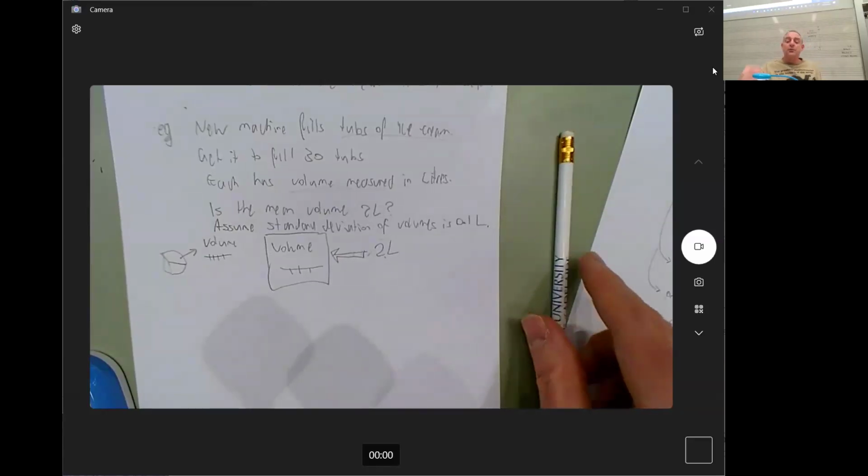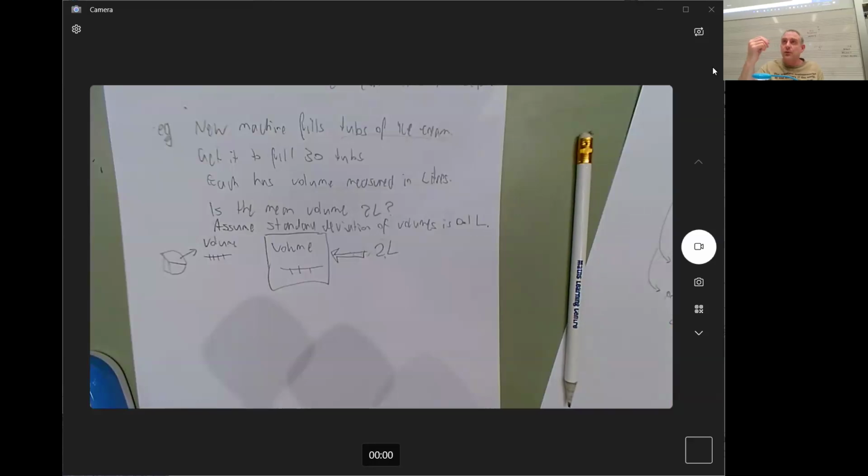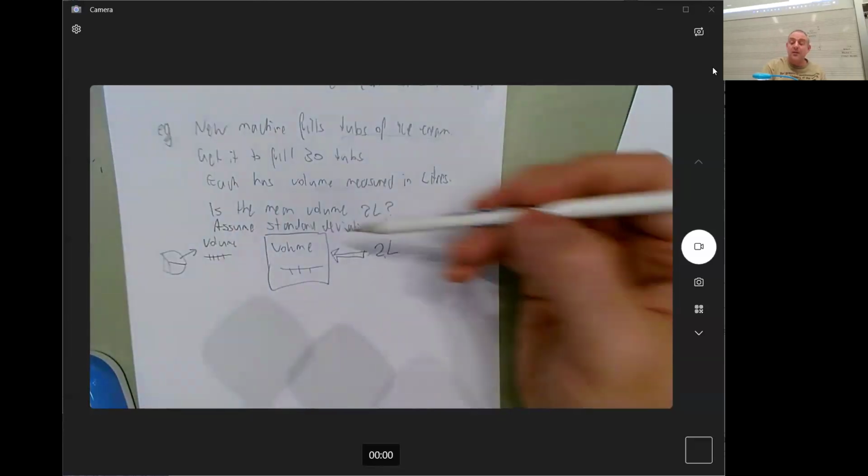So it's really important to know for sure if the standard deviation you've been told has been assumed, where you just declare that that's what the standard deviation is, or if it has been measured from the data. That's one of the decisions that you need to make. In this one, it's been assumed.